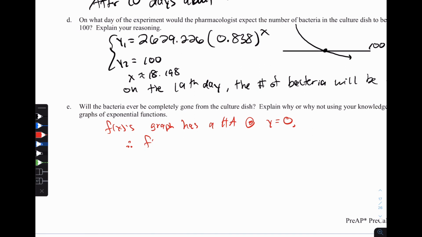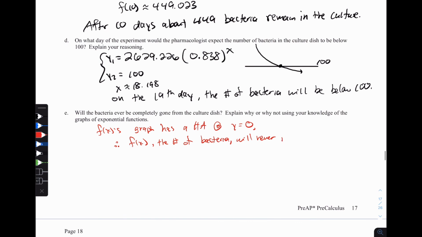Therefore, f of x, the number of bacteria, will never reach 0. So I guess technically if you got part of a bacteria in there, then maybe common sense wise says, yeah, it's still there. You know, it's a leg of a bacteria.